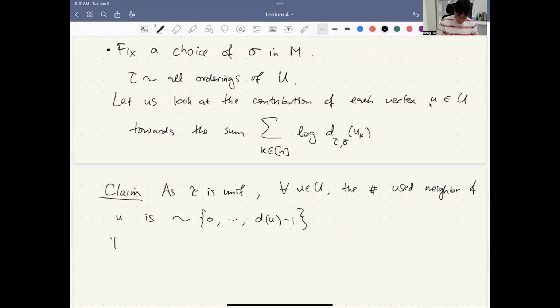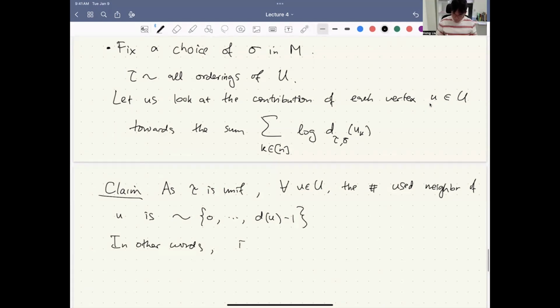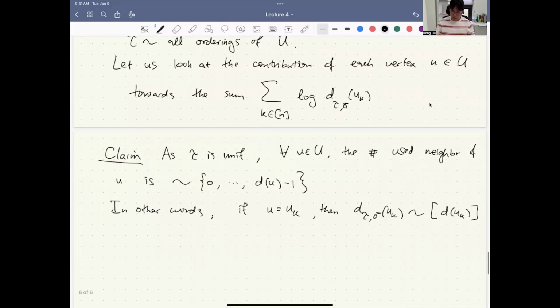In other words, if u is UK, the kth one in the order, then d tau sigma UK is distributed uniformly over the degree of UK many values.